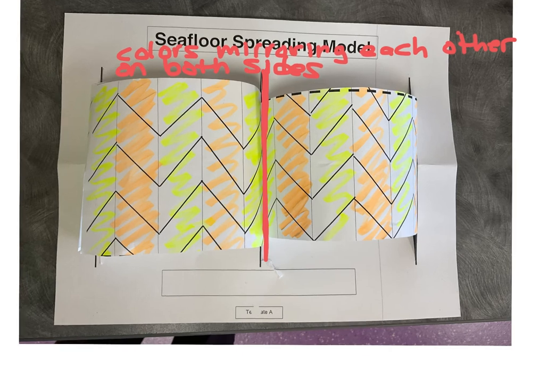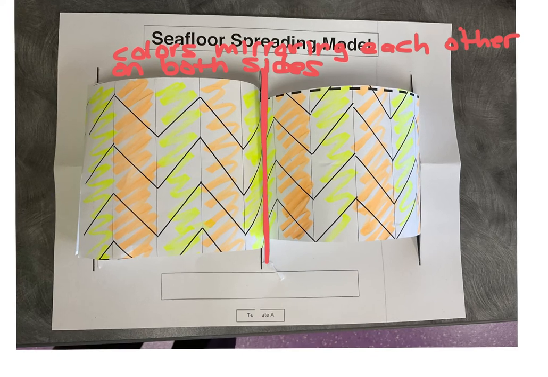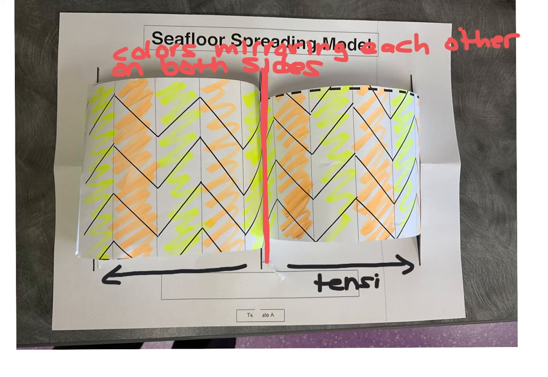So what feature do we think this represents here on Earth? Well, folks, when that material is coming up and these are being pulled outward, let's talk about that. If those are being pulled outward, that's being caused due to tension, which causes that crust to become thinner.